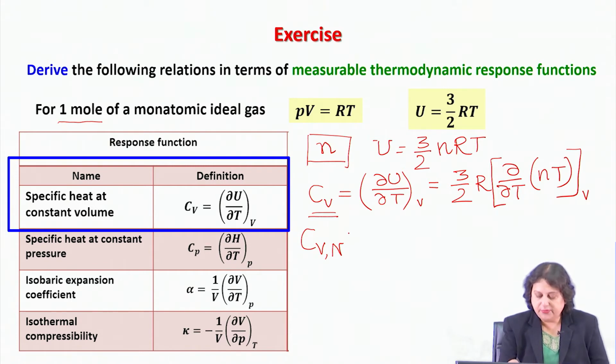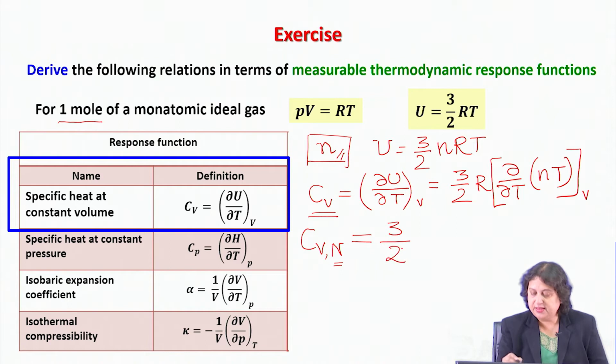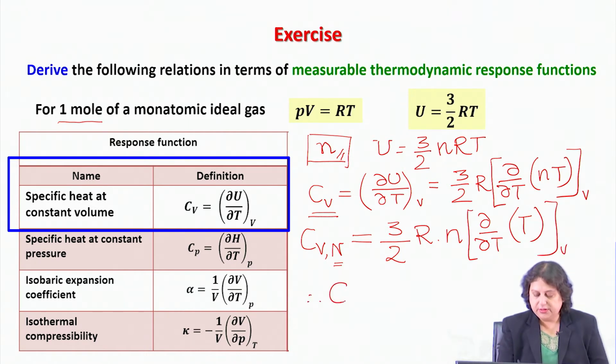Therefore I would say that in this case, for the capital N particle system, or equivalently small n moles of the substance, Cv is equal to 3/2 R into n into del/del T of T at constant volume. Therefore, the specific heat at constant volume for n moles of the substance is equal to 3/2 nR.